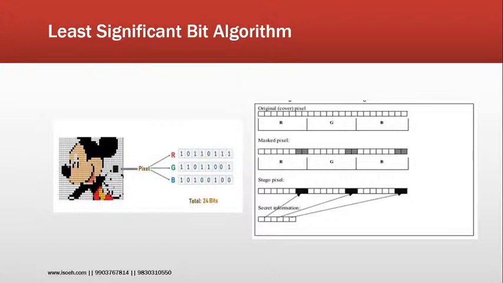In that case, that particular image is represented digitally by a matrix of the dimension of 800 cross 600. Okay, and each and every element of that particular matrix represents a pixel. So the value of each and every element of that matrix represents its color value, right?